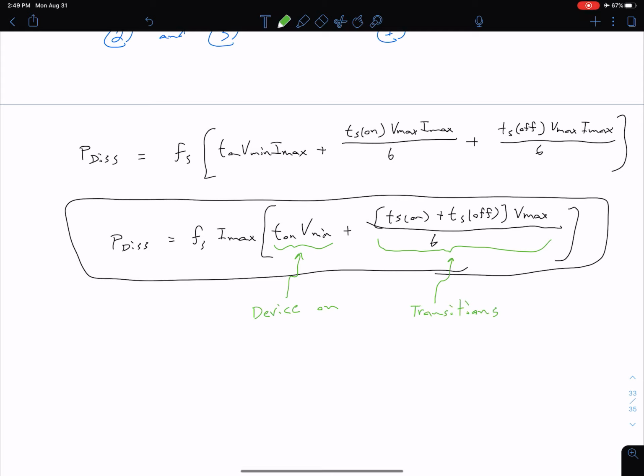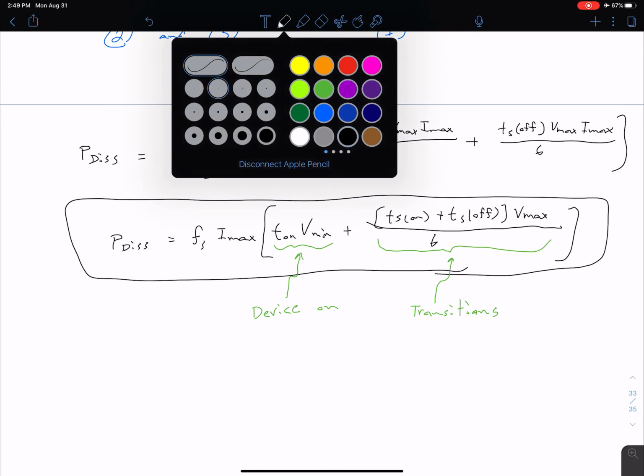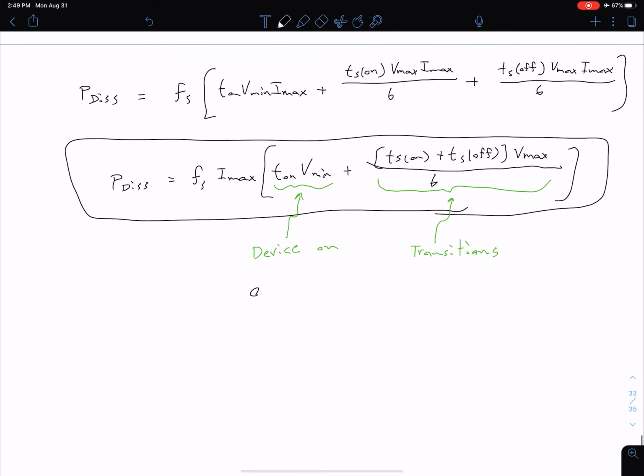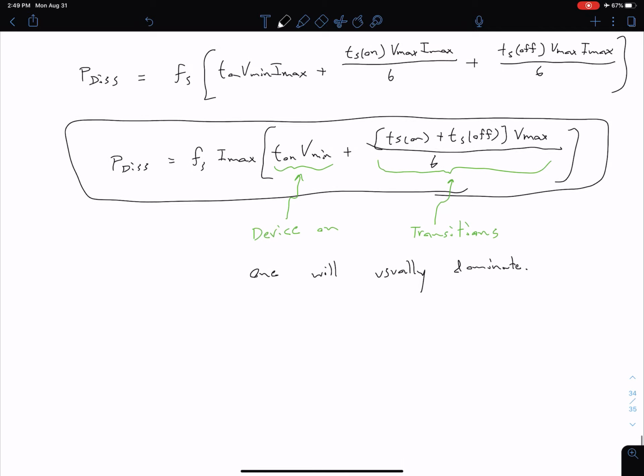And again, depending on the exact conditions, particularly our V min, our T on, our switching times, and our V max, one of these two will usually dominate.